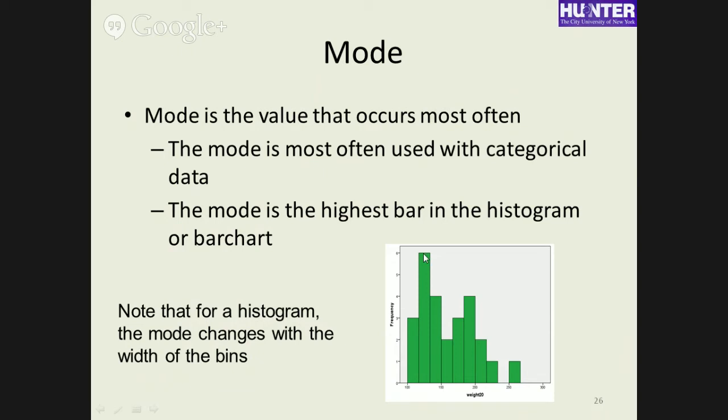We don't really use mode a whole lot because it's not that well defined for quantitative variables, but it's good to know what it is. Of course, if you have two different bars that are the highest, then the mode isn't even defined. It's a bimodal distribution. It has two modes. There's the mode.